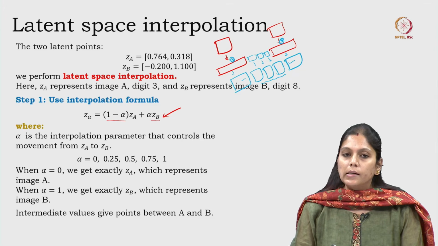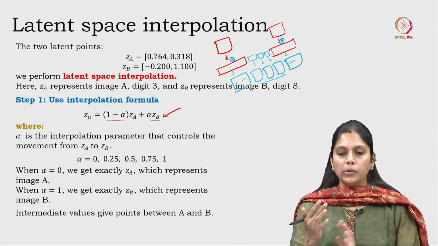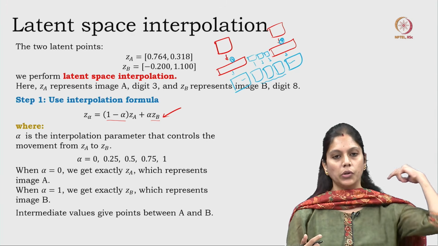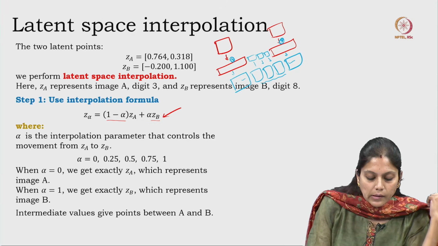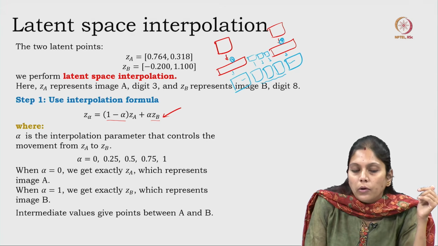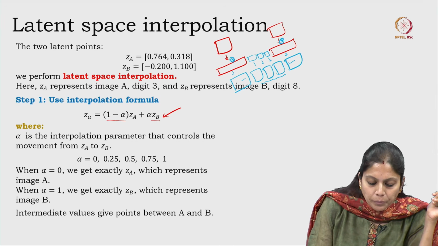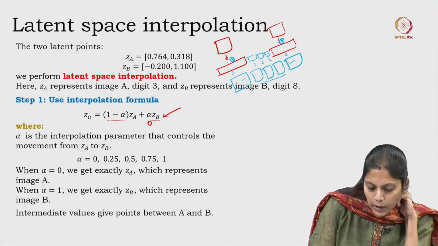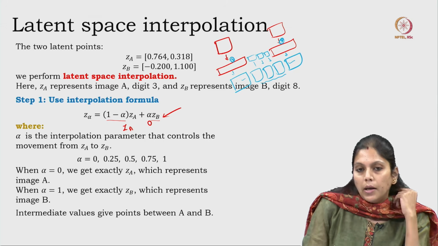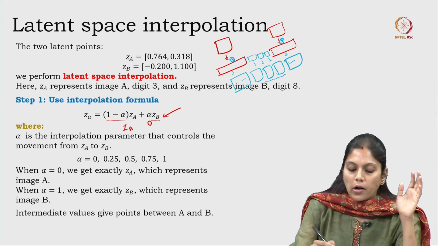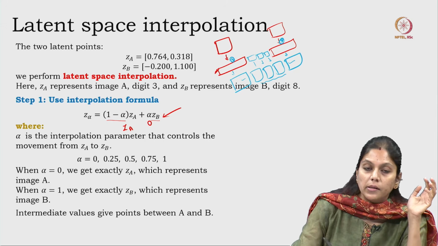Now what are these alpha values? Alpha values are those intermediate values. You see, suppose you take alpha value as 0, just substitute the values in this. Can you substitute 0? 0 into any term, then 1 minus 0, you are getting ZA. If it is ZA, is it not this latent representation?